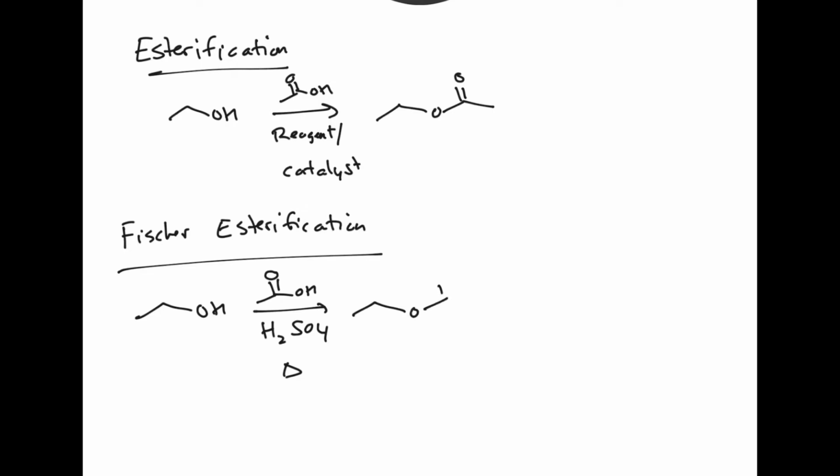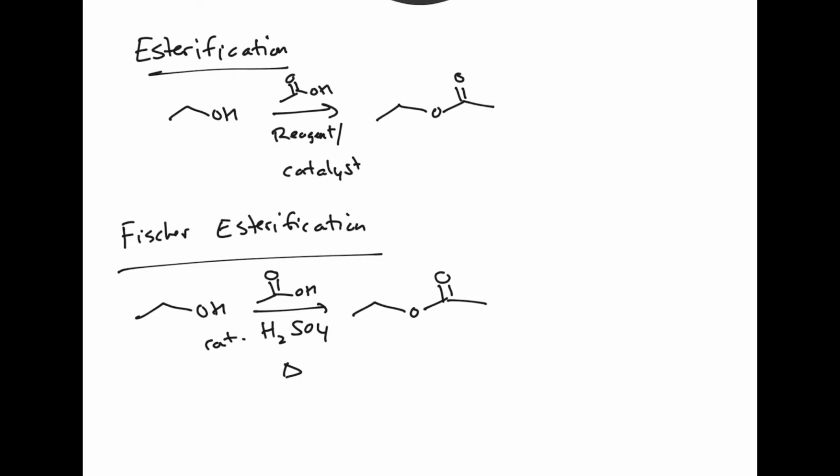And this will make your ester. This is a catalytic amount of sulfuric acid. So even though it's a catalytic amount of sulfuric acid, these are still pretty harsh conditions, right? You throw acid into your stuff and then you heat the crap out of it and you hope for the best.